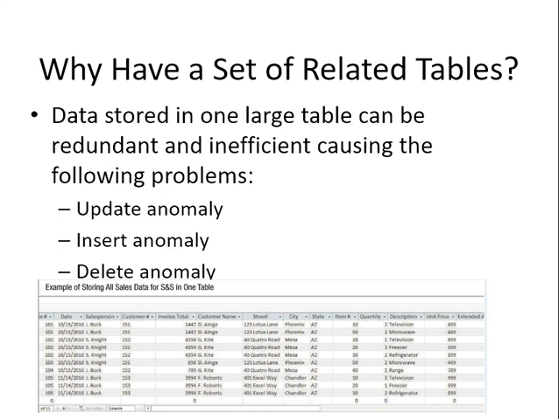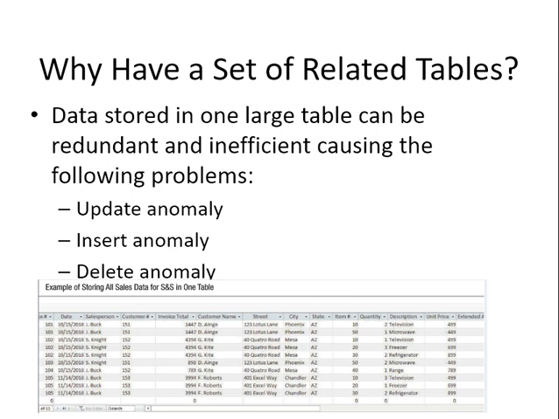We have the following problems: update anomalies. If we put everything together and want to change just a customer's address, for example, we have to go through all the tables to revise it. That piece of information can appear in many places.